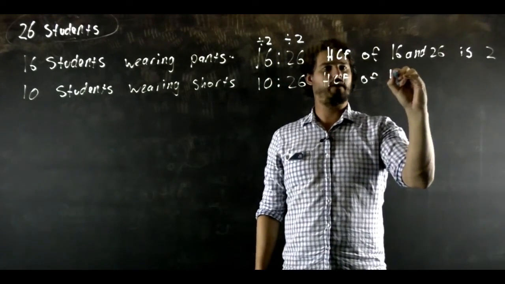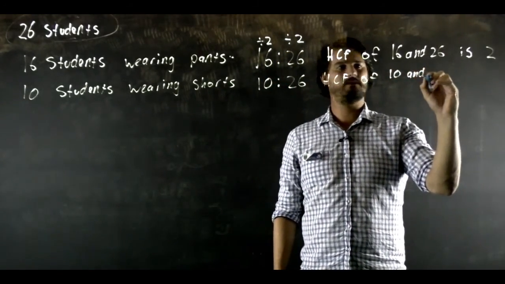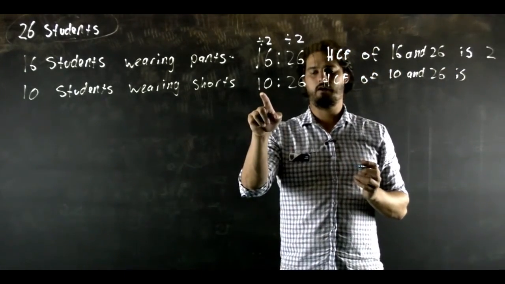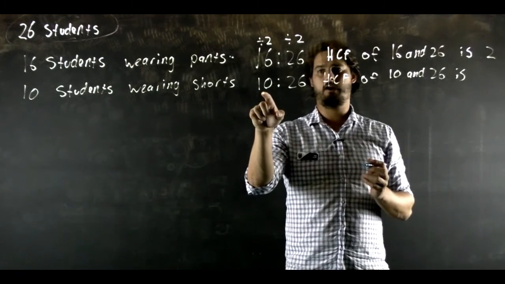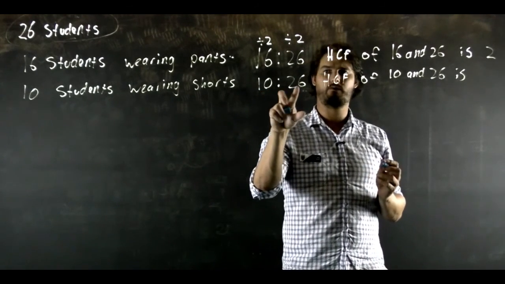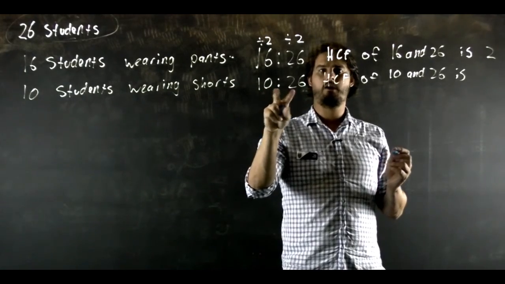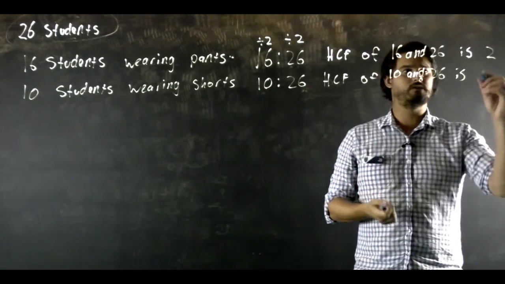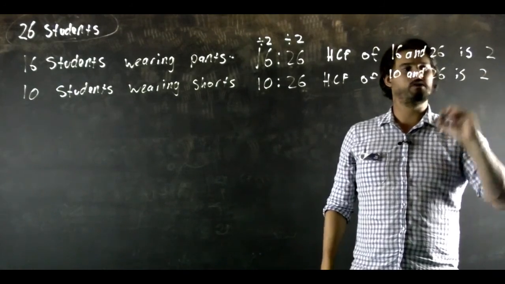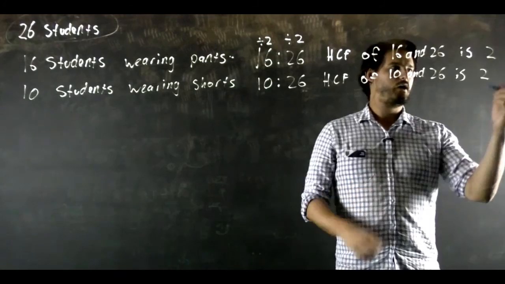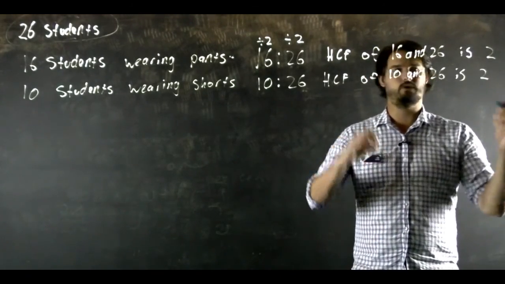If we're looking at 10 and 26, we do the same process. Highest common factor of 10 and 26. We know that 2 is going to be the highest common factor because we've got 2 even numbers here. Is there anything else that it's going to be? We can go through our different numbers. We're going to find that 2 is also our highest common factor. This is not always going to be the case, but we're just doing a nice easy one to start with.